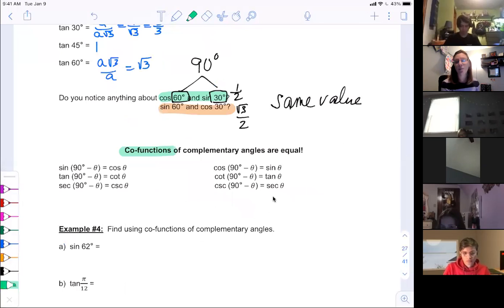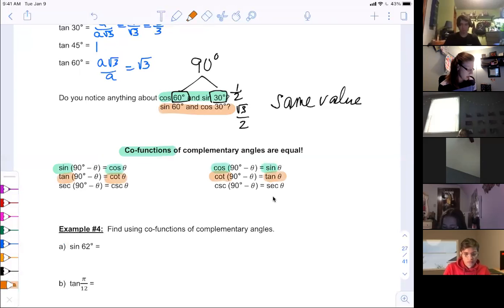Now, this isn't the same as reciprocal functions. So co-functions would be sine and cosine. They make sense because they have a co in the word. The sine and cosine are co-functions. The tangent and cotangent are co-functions.